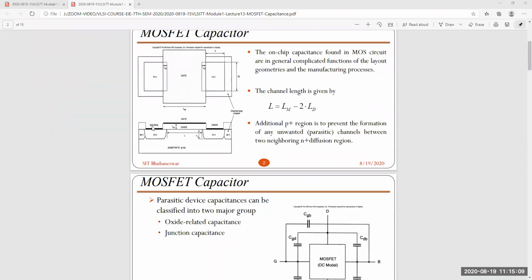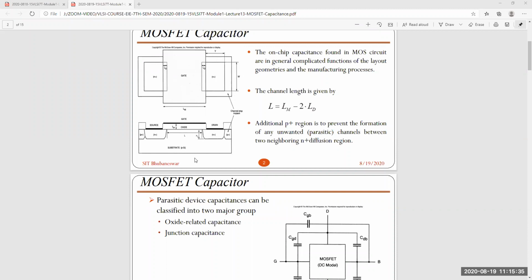This is the top view, this is the front view. The effective channel length is L equal to Lm minus 2 LD. LD is nothing but this extended part. And this is the source or drain length, and this is the width of the transistor.